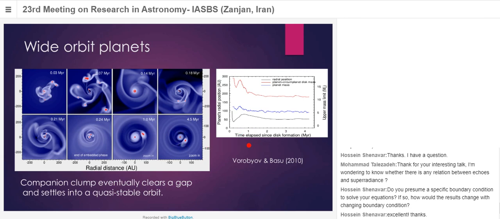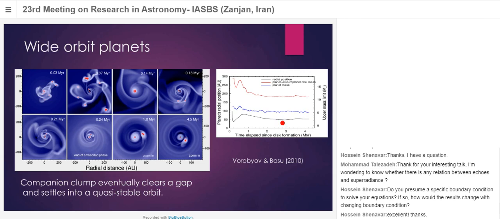So in this simulation, in the first million years, the radial position of this particular clump is moving around a lot as it is interacting with other clumps and being scattered. But eventually it's the only clump, and it creates a gap, and it settles into this 50 astronomical unit orbit.